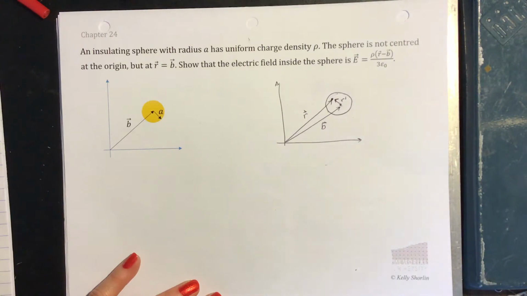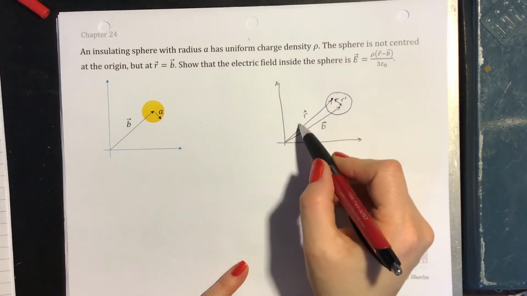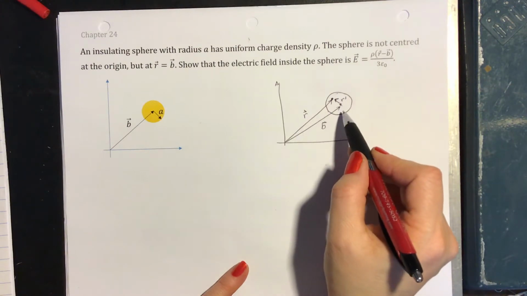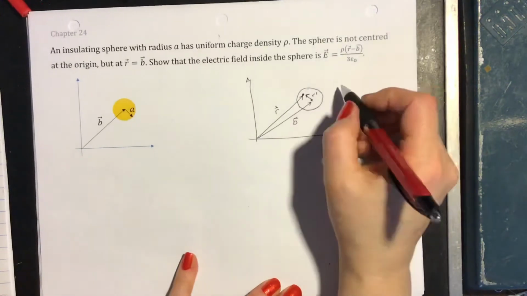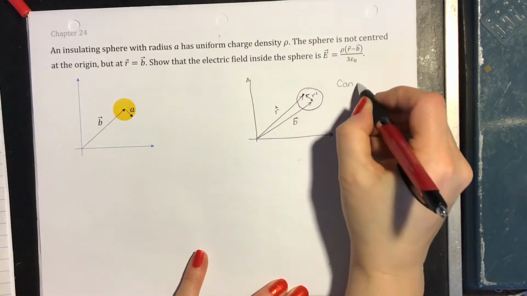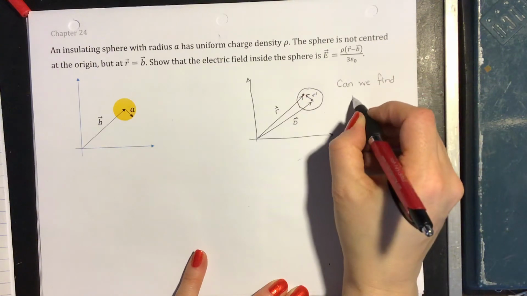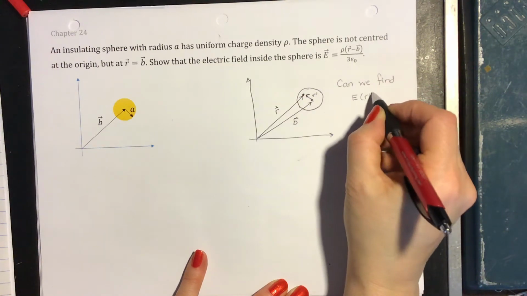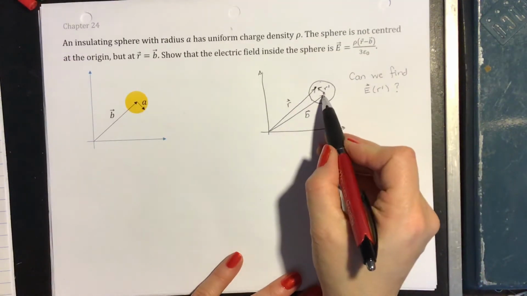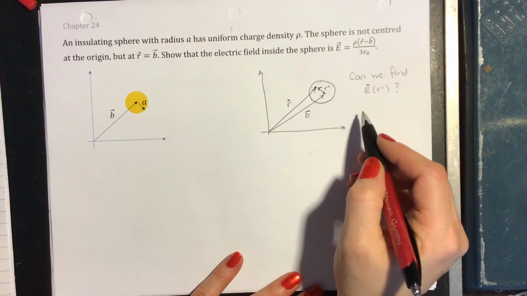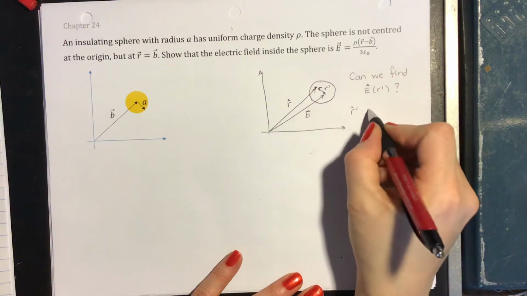So let's ask, we're trying to find the electric field as a function of R. Let's ask first, could we find the electric field as a function of R primed? And I'm going to say yes, we can find that because R primed is relative to the center of the sphere. And that's a problem we know how to solve.